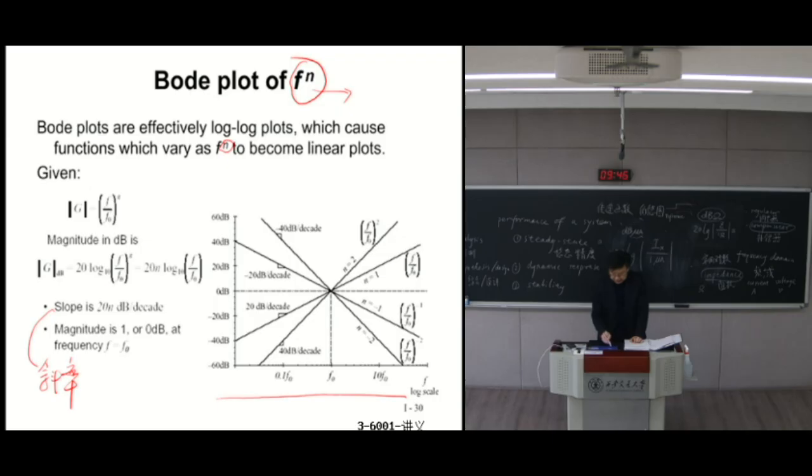Because if you take the common logarithm, that power number n is going to be moving to the outside of the logarithm. So therefore, the vertical axis scale is proportional to the number n.